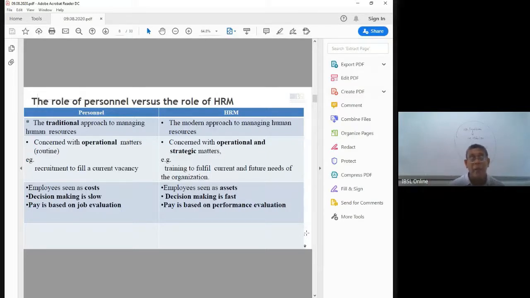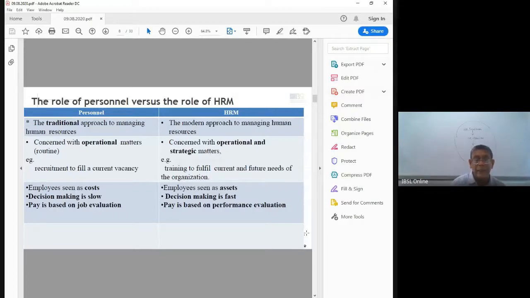But reward in HRM is based on what? Performance evaluation, not job evaluation.